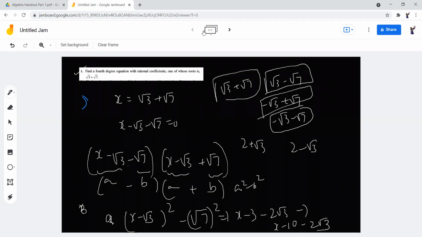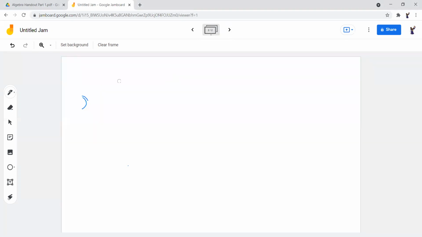So I want you guys to observe this. Yeah, the answer is right. So now we have x square minus 10 minus 2 root 3 x, sorry guys, this is x.